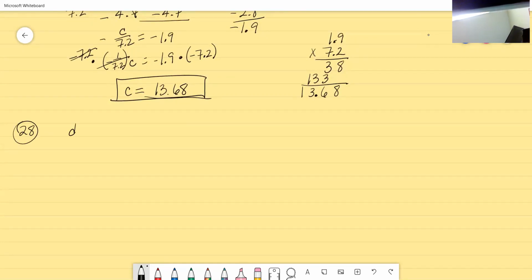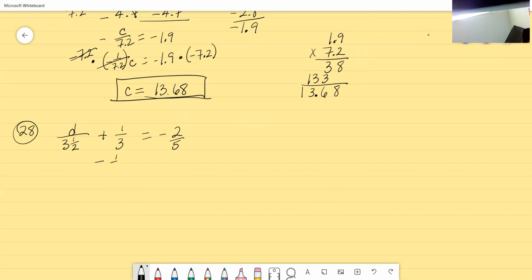Okay, 28. D. Okay, 28 is just messy. D divided by 3.5. It's crazy. So I guess we'll just leave it like that, since we're multiplying. D divided by 3 1/2 plus 1/3 equals negative 2/5. Okay, so first we need to get rid of that 1/3 on both sides.